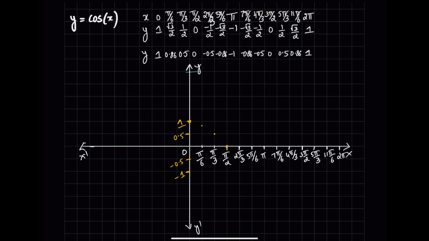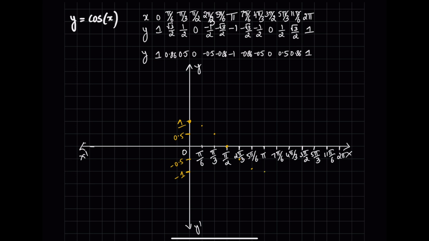Now cos 2 pi by 3, which is 120 degrees, is minus 0.5, which is here. Then cos of 150 is minus 0.86, so it will be here. Then cos of pi is minus 1, so it will be here.